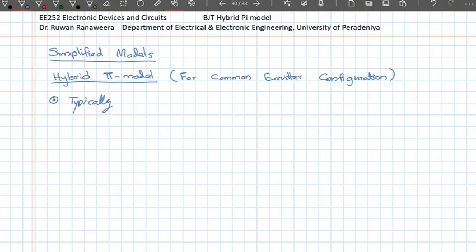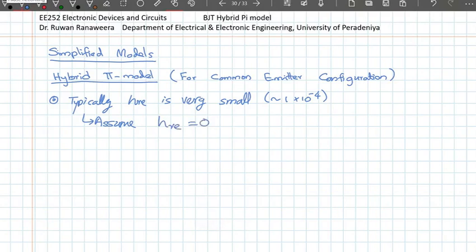So this HRE value typically is very small, in the range of 10 to the minus 4. Therefore we can neglect it and assume it to be 0. The HRE can be assumed 0.